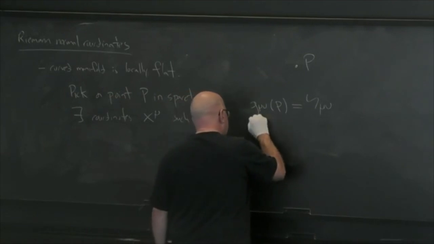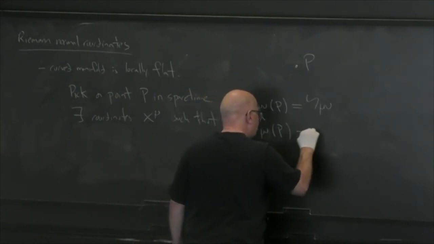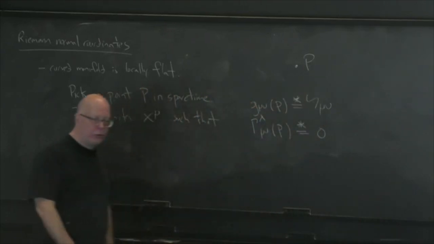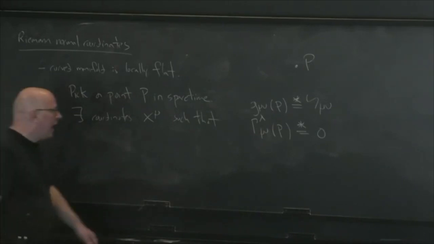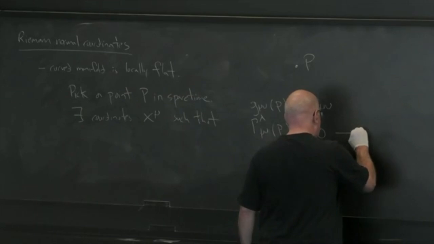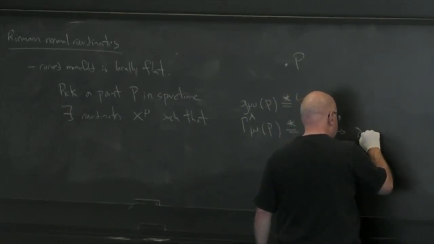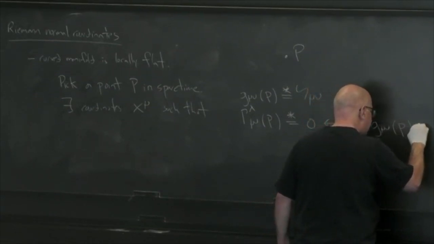And the Christoffel symbols at that point in those coordinates are precisely 0. So those are all statements that refer to that coordinate system where the statements are true. And another way of stating the second property is that at that point, the partial derivative of the metric can be set equal to 0.